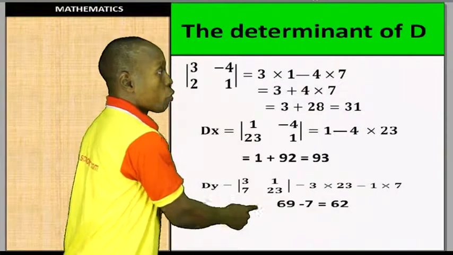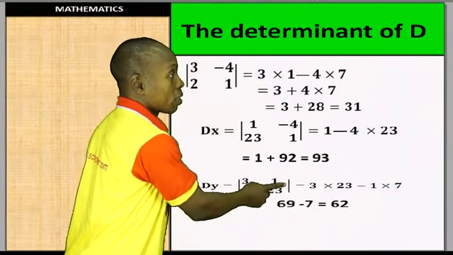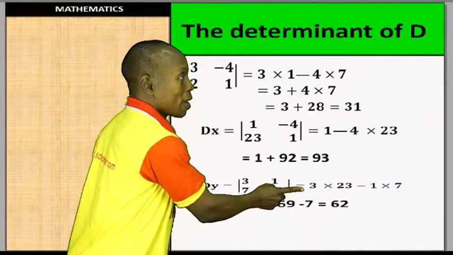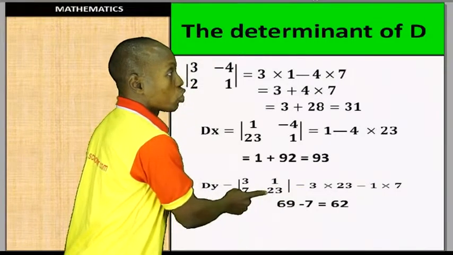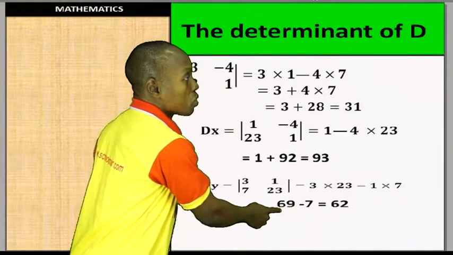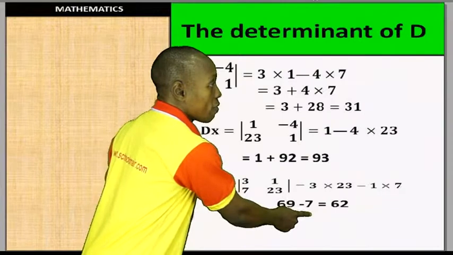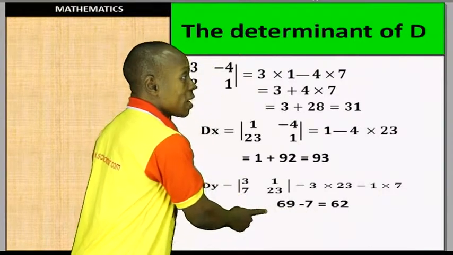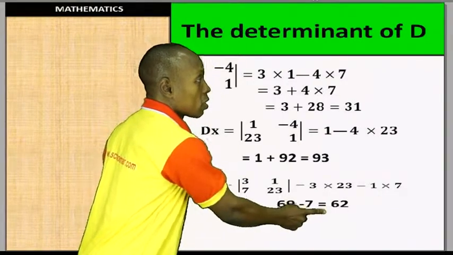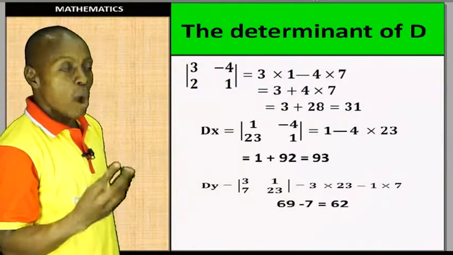How do you get that? 3 multiplied by 23 minus 1 times 7. 3 multiplied by 23 gives you 69, and 1 multiplied by 7 gives you 7. So 69 minus 7 gives us 62. That is the determinant of y.